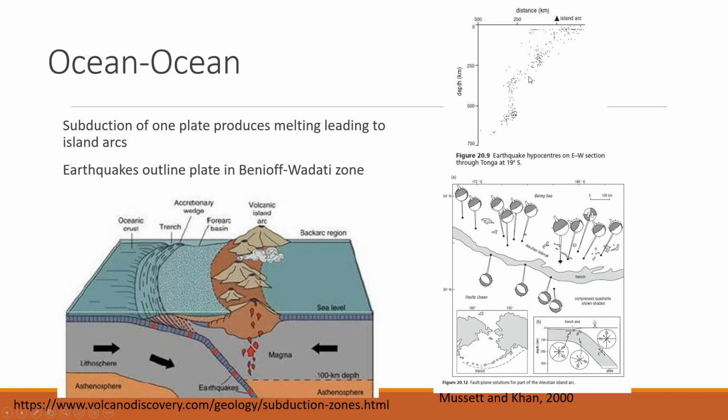This is mapping the location of the earthquakes, and it's outlining the downgoing oceanic plate. This happens in Japan. Another good example is the Aleutian Islands in Alaska. The arc that kicks out is formed due to oceanic plate going beneath other oceanic plate. These are all volcanic islands.